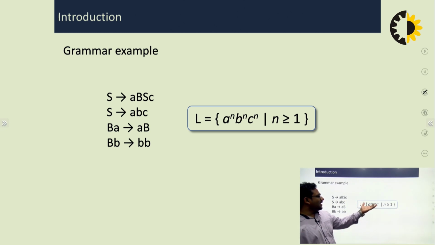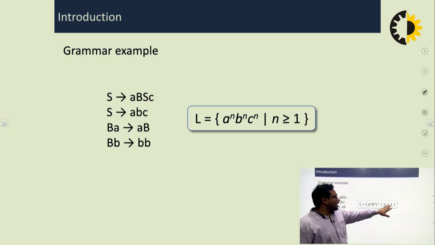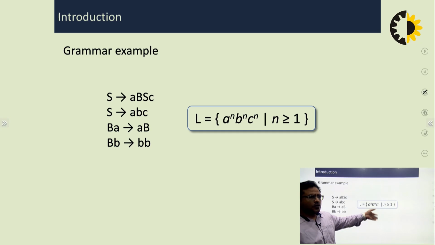Consider the language L equal to a to the power n, b to the power n, c to the power n, where n is greater than or equal to 1: a number of a's followed by the same number of b's followed by the same number of c's. Any string generated by this language can also be generated by this grammar.